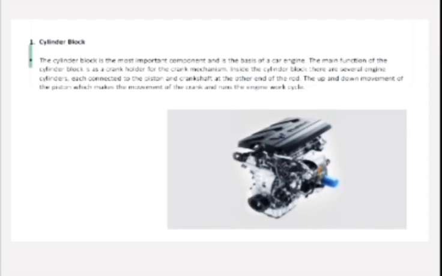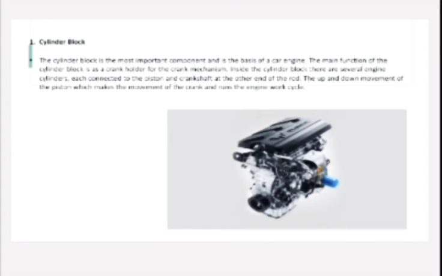1. Cylinder block. The cylinder block is the most important component and is the basis of a car engine. The main function of the cylinder block is as a holder for the engine mechanism.